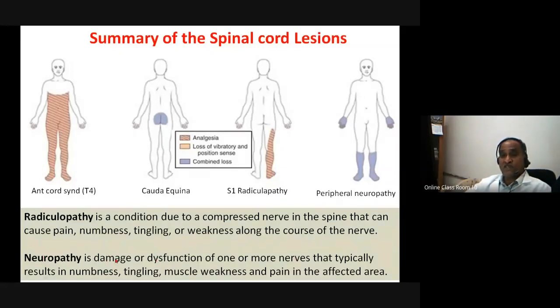These are neuropathies, and it is a damage or dysfunction of one or more nerves that typically results in numbness, tingling, muscle weakness, and pain in the affected area. Okay, radiculopathy is unilateral. You can just see that. This neuropathy is happening bilaterally here. So these are the summary of the spinal cord lesions.